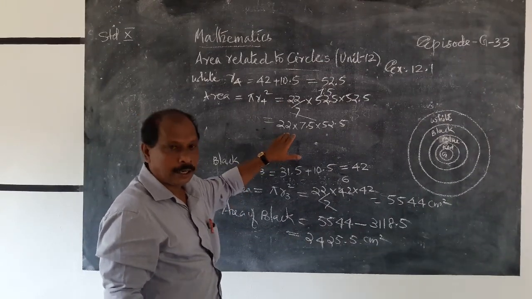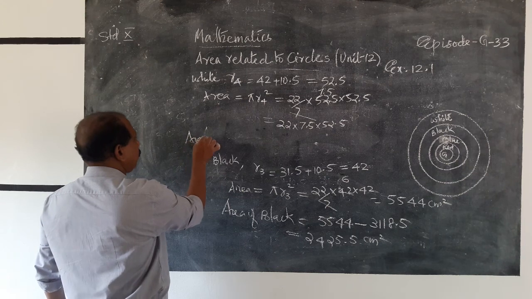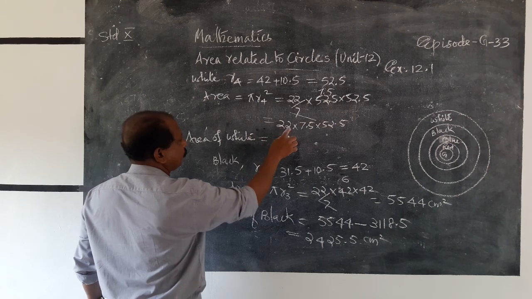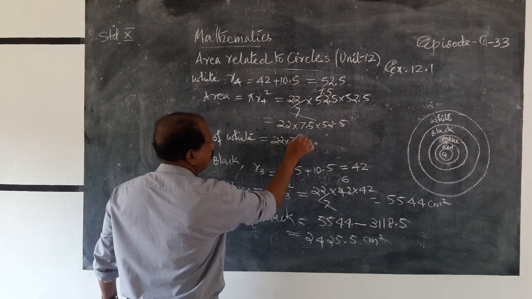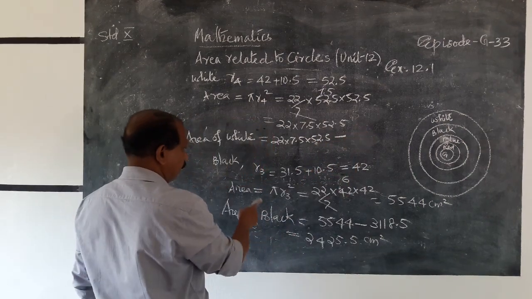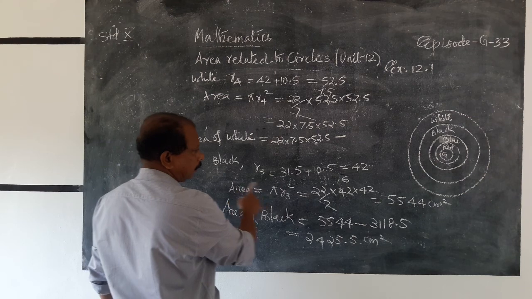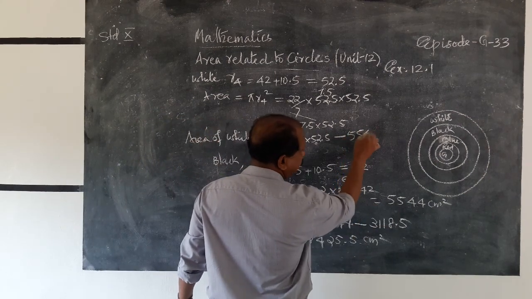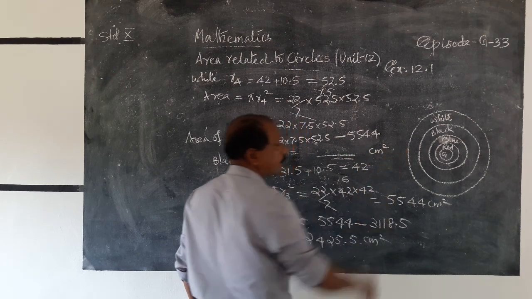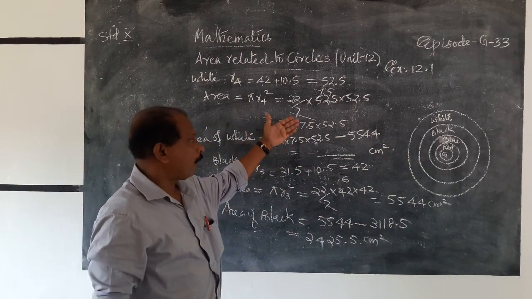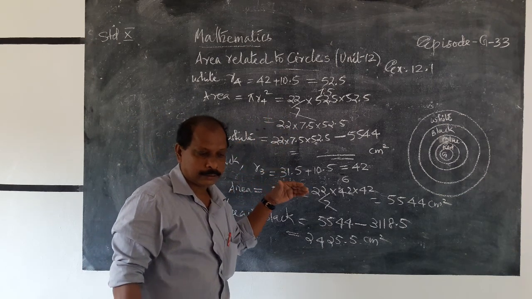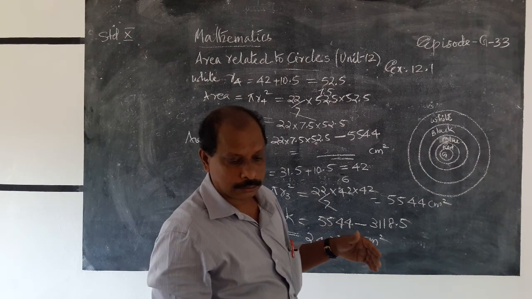Calculate this area, and also the area of white is equal to this area, that is 22 into 7.5 into 52.5, minus the area of black, that is 5544 centimeters square. That is the area of the white region. Then you calculate this result and also the area of the white region. Therefore, the next exercise, 12.2, in the next episode. Okay.